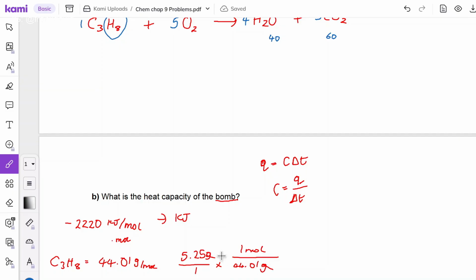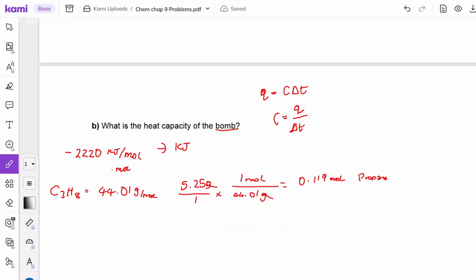The grams cancel out, leaving us with the moles. Then we divide these two numbers, and we get approximately 0.119 moles of propane in this reaction.